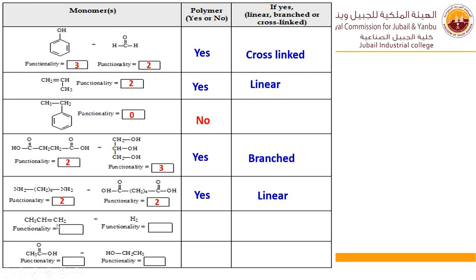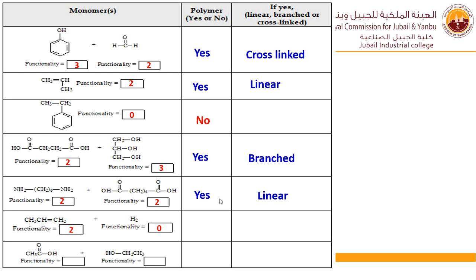Now when you look at this one, it is also a propylene, but arranged differently. So the functionality is equal to 2 because it has 1 carbon-carbon double bond. This is hydrogen. Hydrogen has no functionality. It has no double bond. It has no functional group, and it is not a special case. So the functionality is 0.